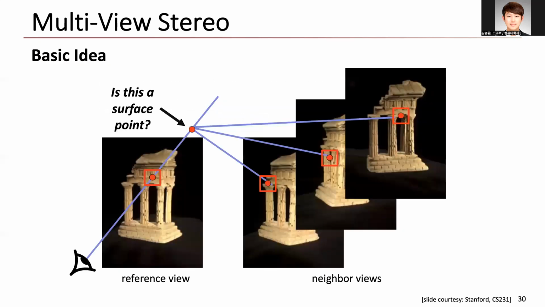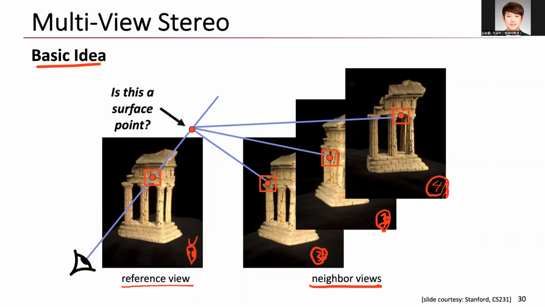This multi-view stereo setting can be formulated similarly to two-view stereo matching. The basic idea is like this. Let's suppose that we have four view images, 1, 2, 3, 4. They capture the same scene from different viewpoints, and given a reference viewpoint, let's say the first image is the reference view, and the remaining images are the nearby view images.